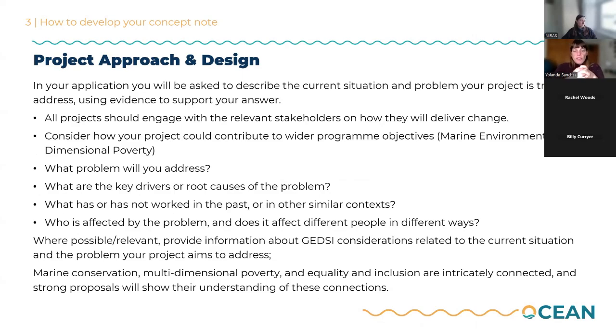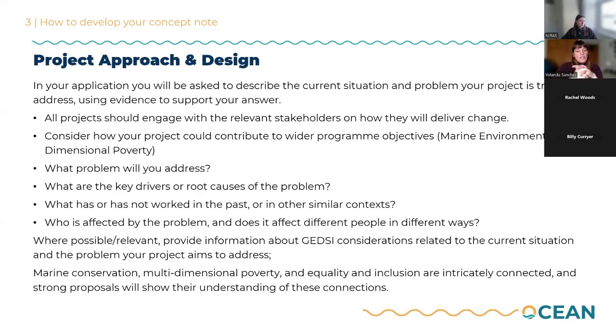Some of the ideas to keep in mind to develop this current situation: all projects should engage with the relevant stakeholders and think about how they will deliver the change. Also consider how your project could contribute to wider program objectives, as we said, in marine environment and multidimensional poverty. Explain what problem you will address. Think about what the key drivers or root causes of the problem are.